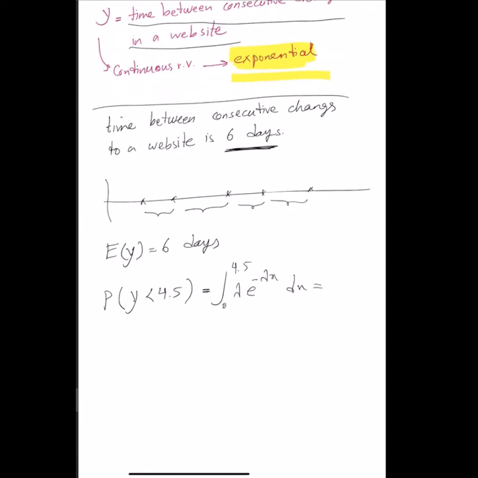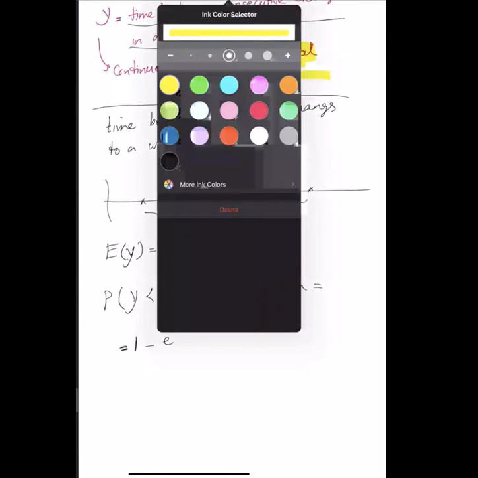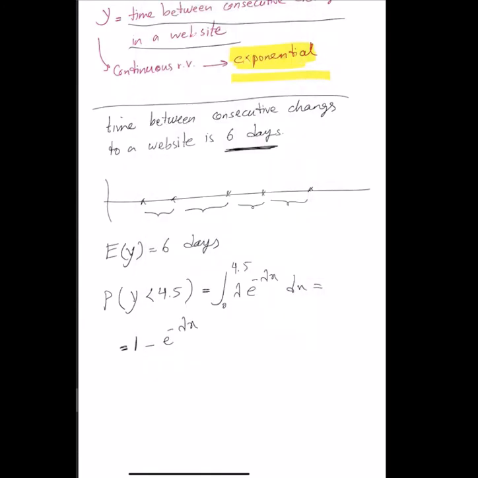This was calculated for you in the videos you have. This is 1 minus e to the power of minus lambda x. So then all you need to do here is to find the value of lambda to put in this formula.